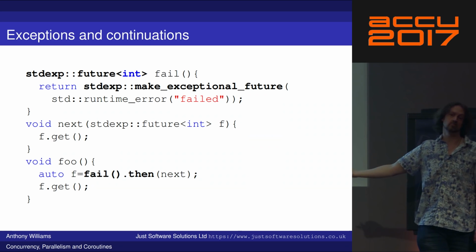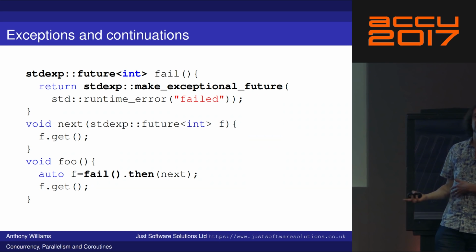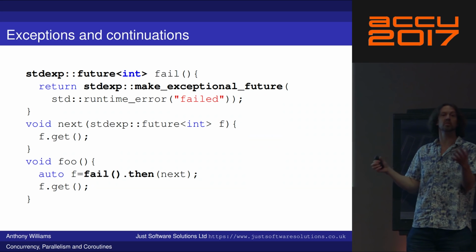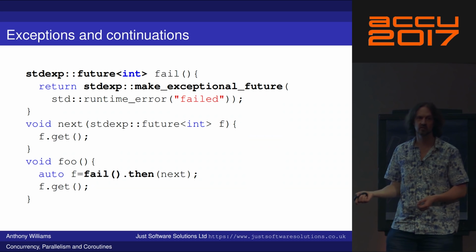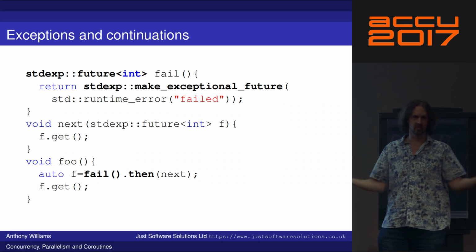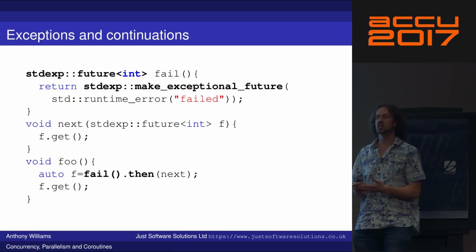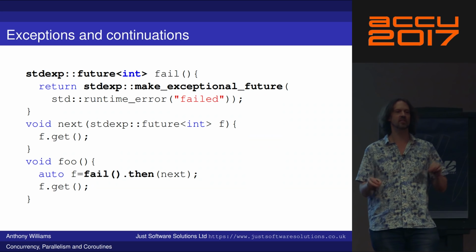Now this is already ready because it's just a fixed thing, so it's going to schedule that continuation immediately on some thread. It's not specified which thread things get run on. It might be run on the current thread right here because it's already ready, or it might be run on a thread pool thread or a new thread or whatever. You don't know. The Concurrency TS actually makes it completely open. It says on an unspecified thread.